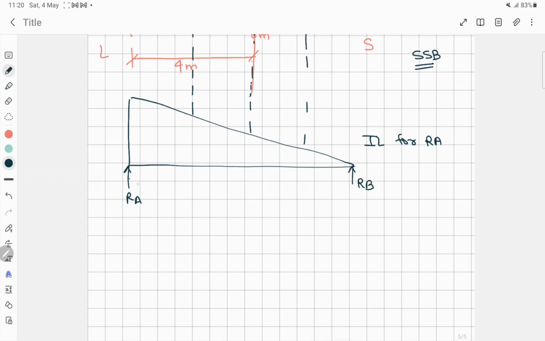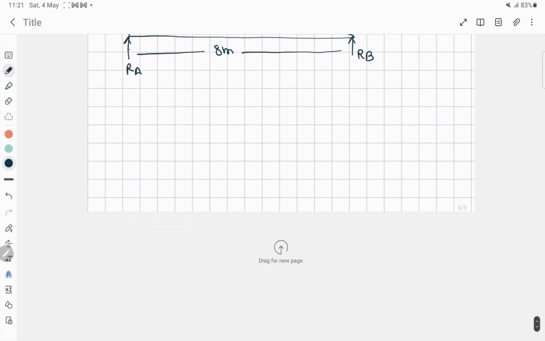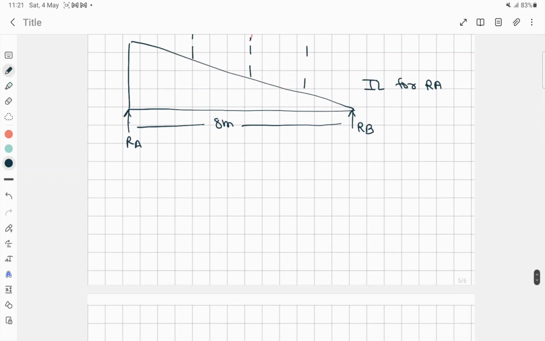The whole length is 8 meter. Now we have to draw IL for RA. So the diagram was like this for RA.